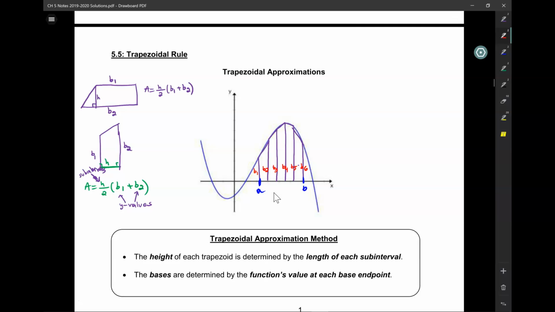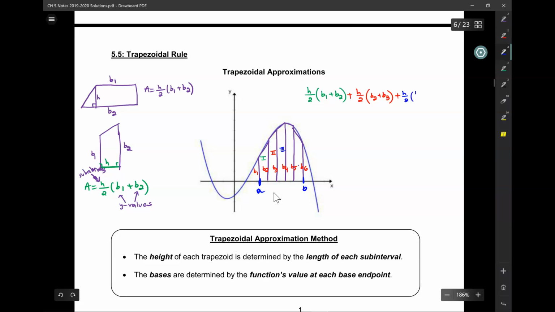So now, how is my area going to look? So I have this first trapezoid. It's h over 2, base 1 plus base 2, plus the second one is h over 2. What are the bases for this one? Base 2 plus base 3. Do you see that? Plus, what about the next one, number 3?